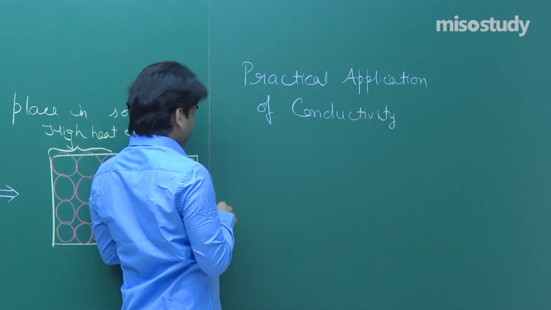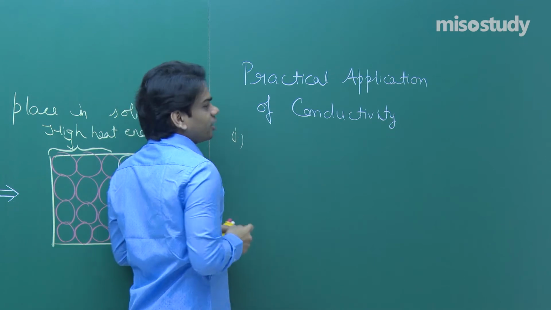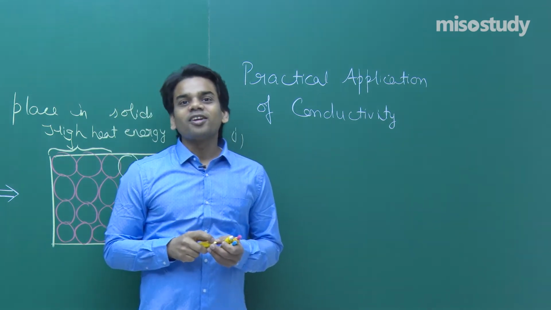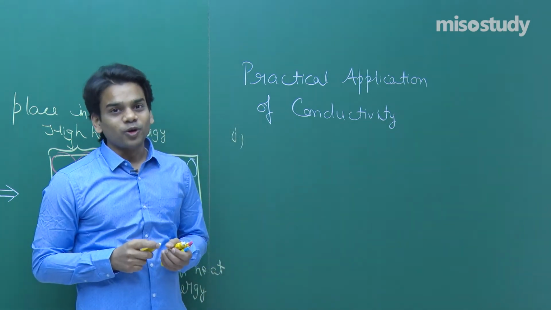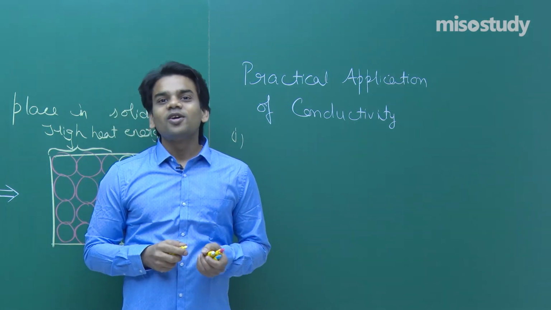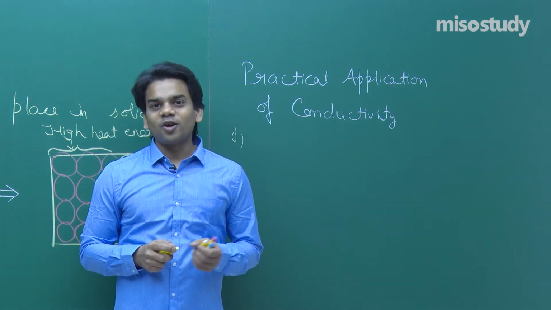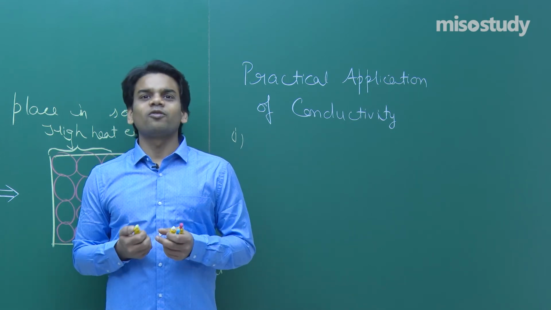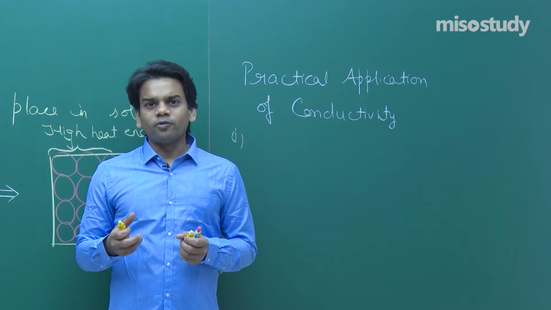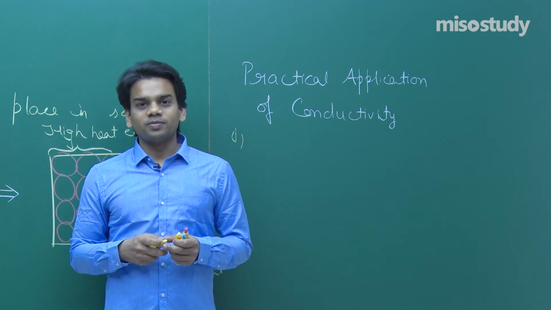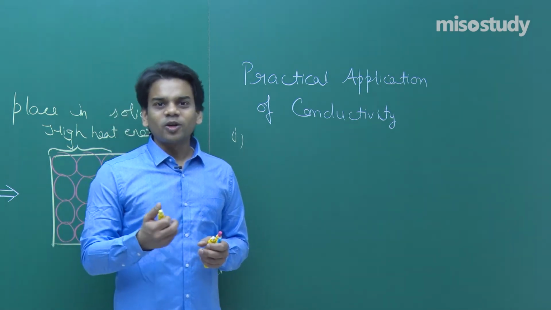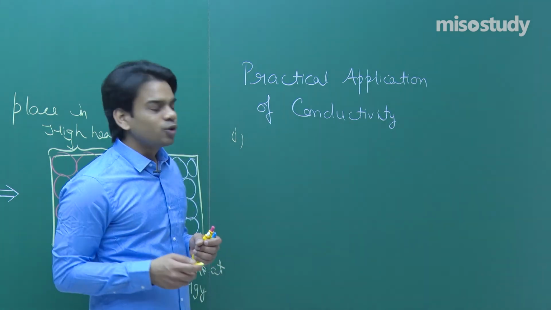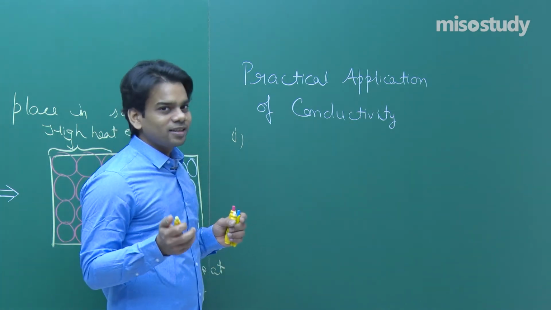First of all, you would have observed that the handles of kitchen utensils are made of wood. Why is that so? Because wood is a bad conductor of heat. When heat is transmitted from the pan of the utensil to the handle, the handle is also made of metal, but we cover it with wood so that heat conduction will not take place through it, and you can easily handle the utensil.